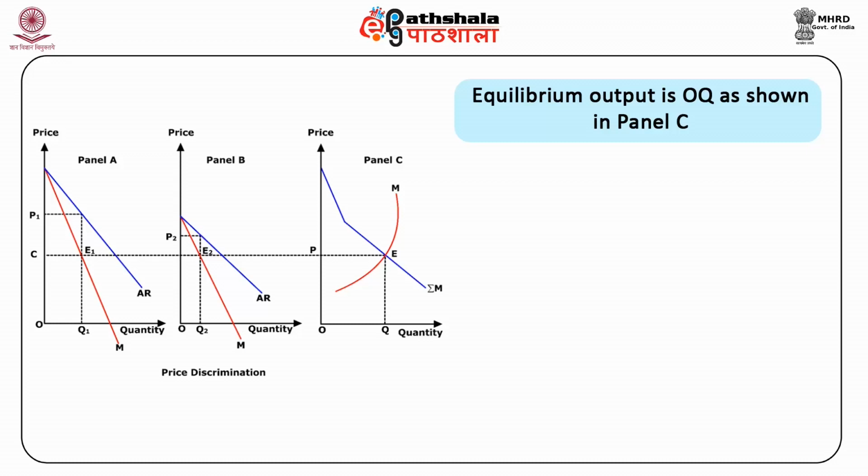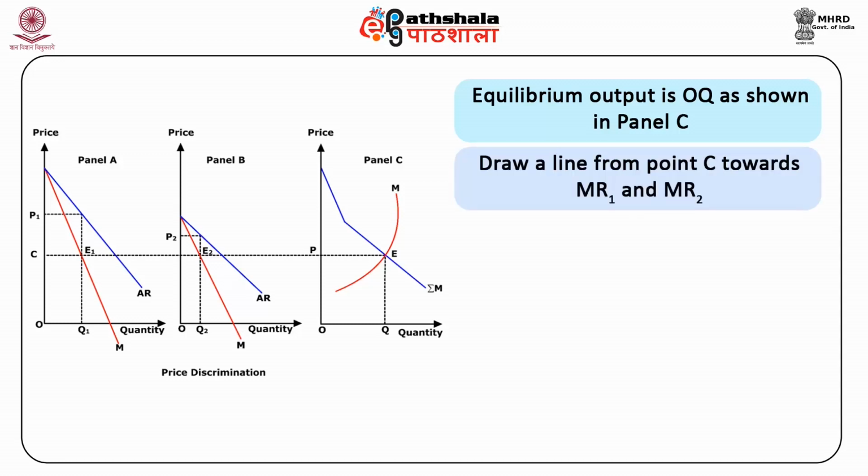The equilibrium point shows that summation MR is equal to MC, that is, the addition to the total revenue arising from an additional unit of output when allocated to the sub-markets optimally is equal to MC, that is, the addition to the total cost arising from the additional unit of output. The equilibrium output is OQ as in panel C.